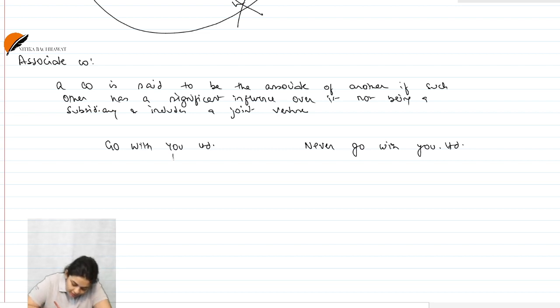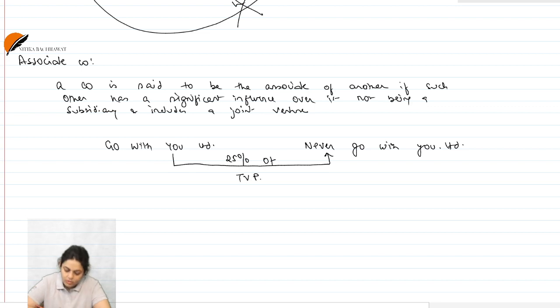Now this Go With You Limited is holding 25% of total voting power of Never Go With You Limited. Is it holding? No. But here, Never Go With You Limited becomes the associate of Go With You Limited.